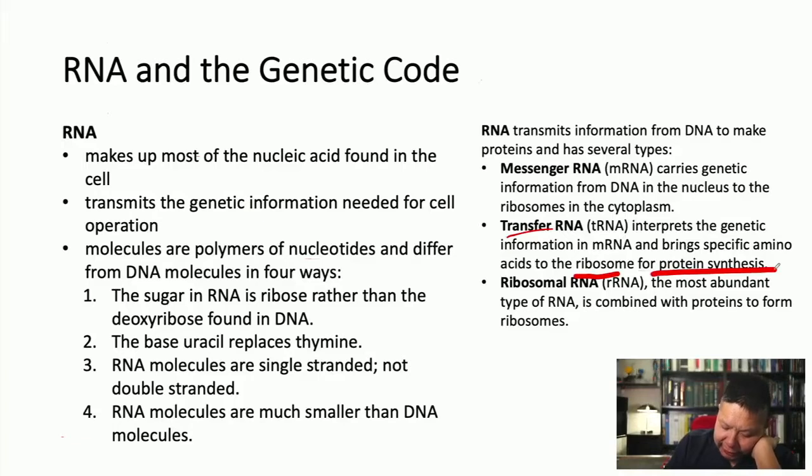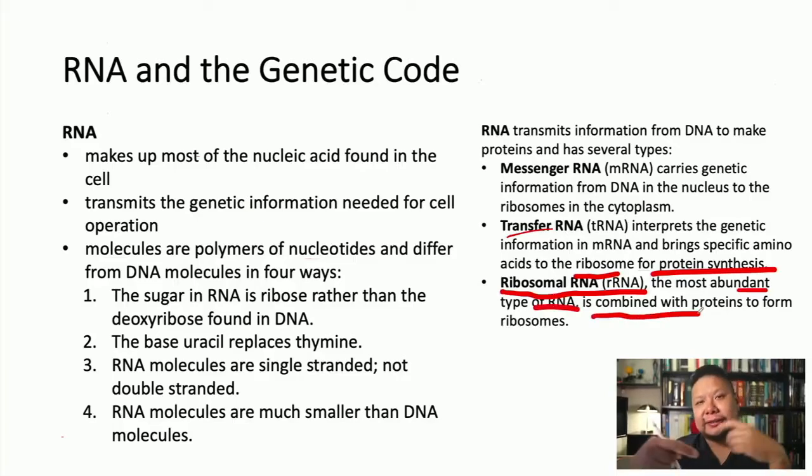And then we have the third type of RNA, which is ribosomal RNA. And this is the most abundant type of RNA. The reason is that these structures combine into secondary structures with other proteins to make the ribosome, right?